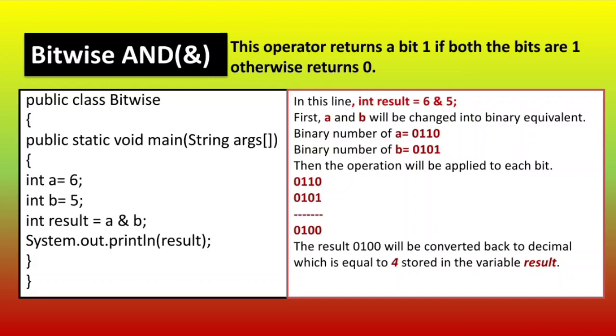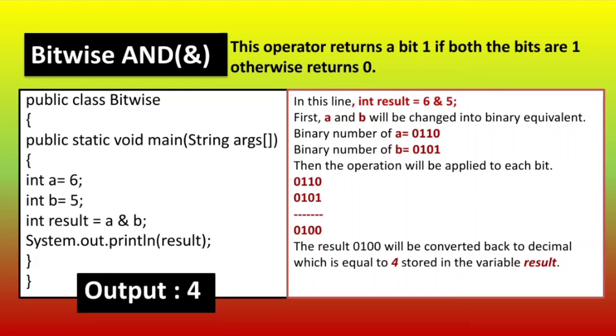So 6 is converted into binary form, and that value is 0 1 1 0, and the value of b is converted into binary form, that is 0 1 0 1. After that, these two are calculated and the answer will come 0 1 0 0, and this binary form is converted again into decimal form, and the answer is 4, and that is stored in result, and it will come on the screen.